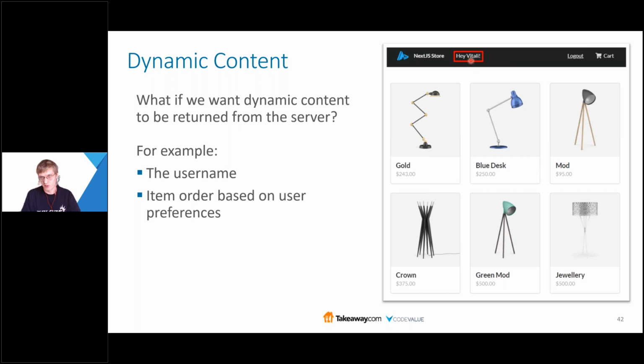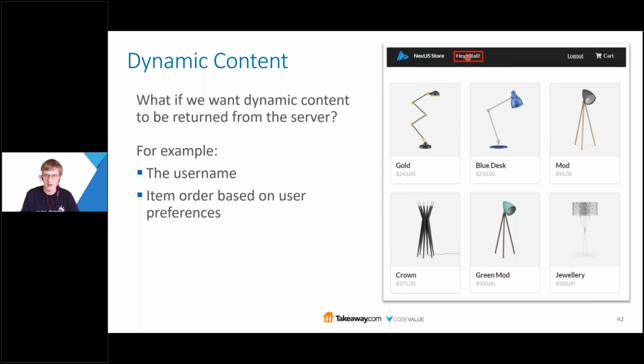So that's one thing. And the other thing is, imagine yourself, I want the order of the items here to be based on the user, right? For example, I have some kind of third-party service that provides me with information about the user. I have an AI on my server, something like that. And I want the items here to be sorted individually for each user.